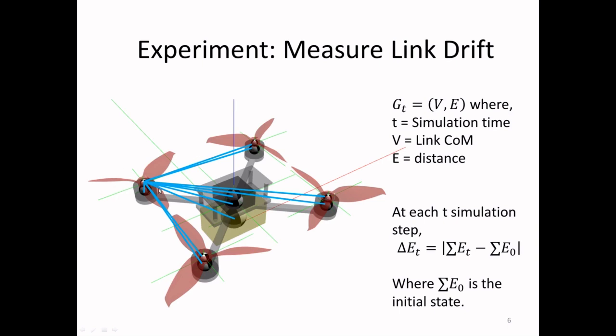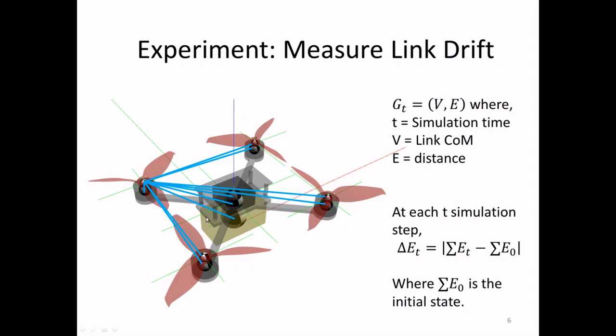And this illustration right here is for a single, starting at a single vertex for this propeller, and we have the connection to all other, or sorry, if v is the total number of vertices, v-1 other links that we have.